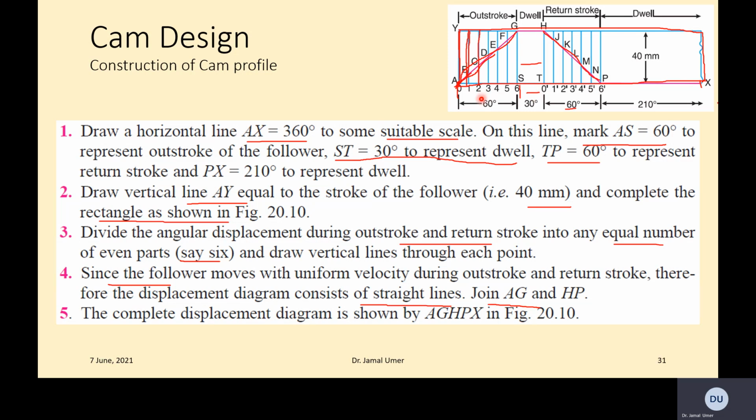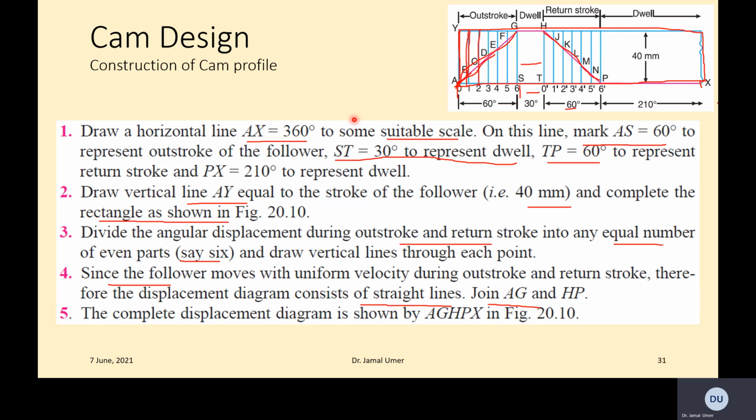Then you split into an equal number of parts. Here it was 6, so you draw 6 lines, for forward and for the return as well. Once you draw 6 lines, you connect A to G. This is the uniform velocity, that's why it's a straight line. Then you have the return, which is also uniform velocity, as given, so you have the straight line, and the vertical was the 40 mm. This was already drawn. So this is the diagram.